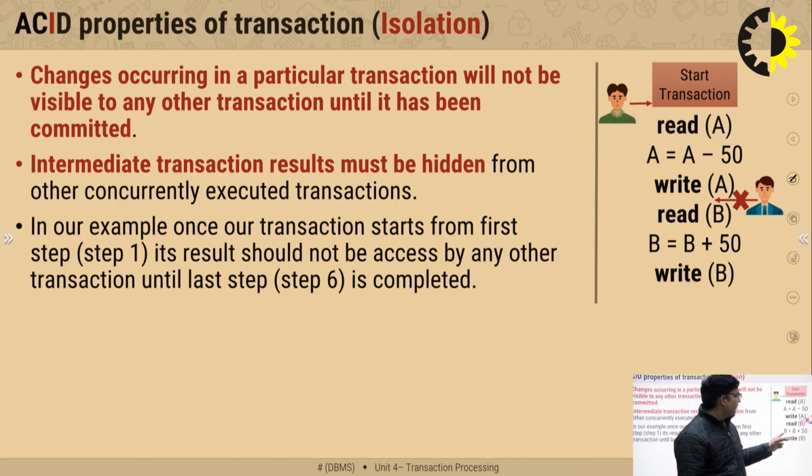Then read B, B equal to B plus 50, write B. Now after the completion of the last line, the result can be visible to other transactions, but in between, these values should not be visible. That is the property of isolation, that is, intermediate results must be hidden from other transactions.